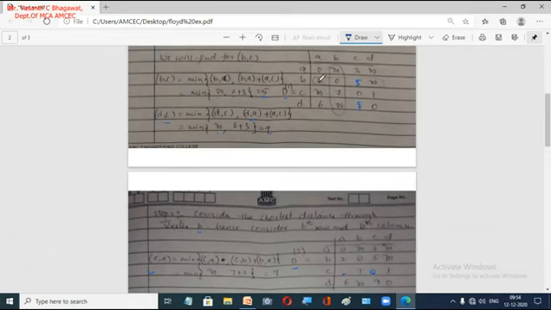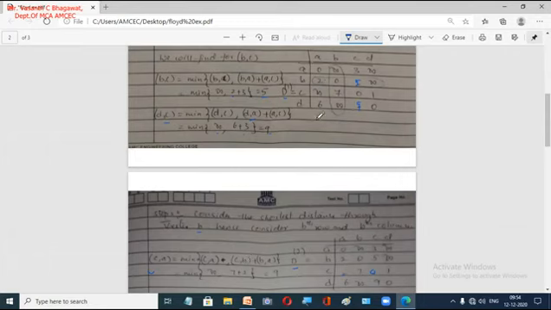Because we are considering from B and B. Now if you want to find this value, you have to look into this 2 and 7. So what are these two values?